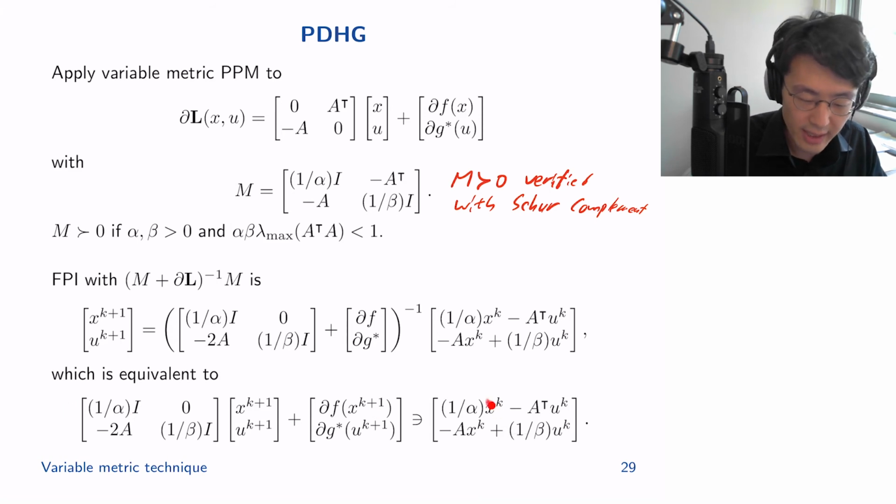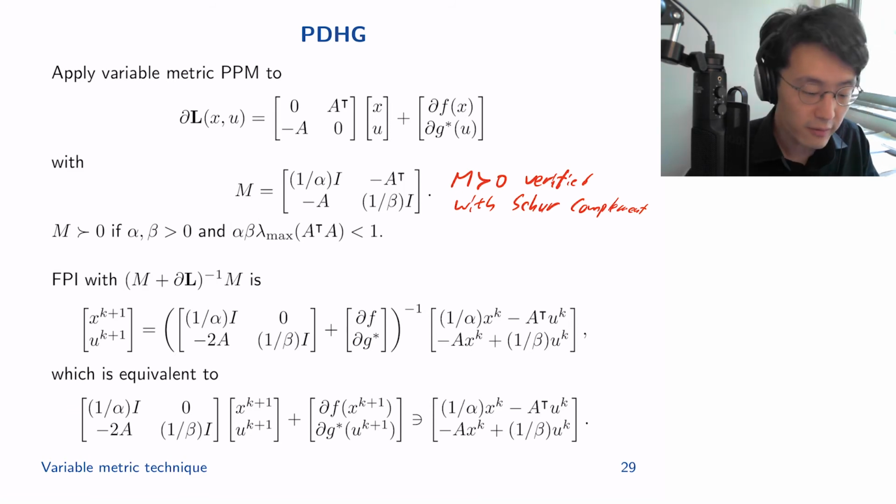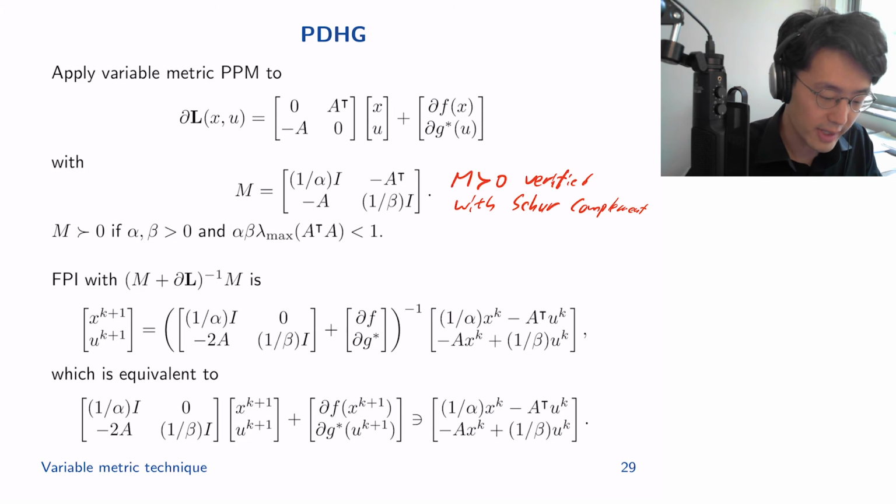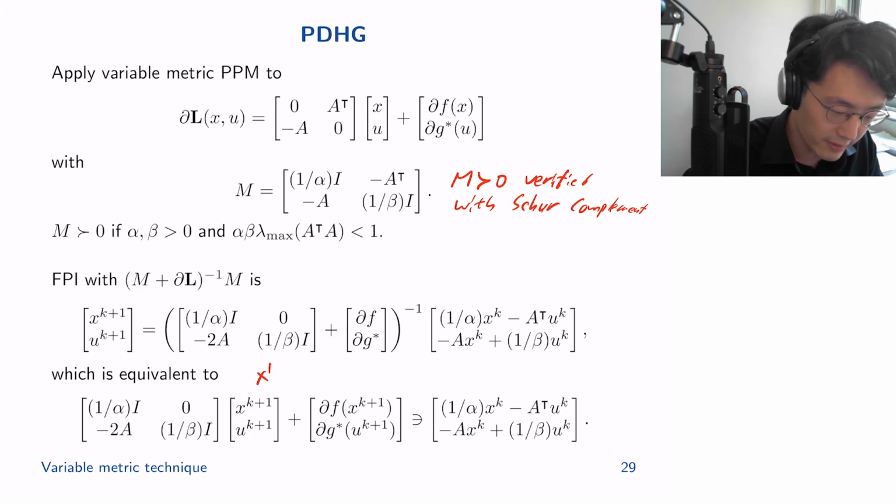It involves xk and uk, which are provided from the previous iteration. But notably, uk plus 1 does not enter into this first inclusion. So we can simply solve for xk plus 1 in the first line without worrying about its interaction with uk plus 1. Then to solve for xk plus 1, we simply write out what the inclusion becomes. So we multiply by alpha on both sides.